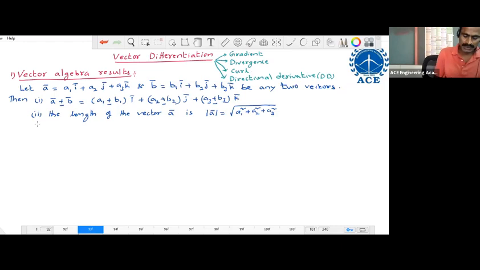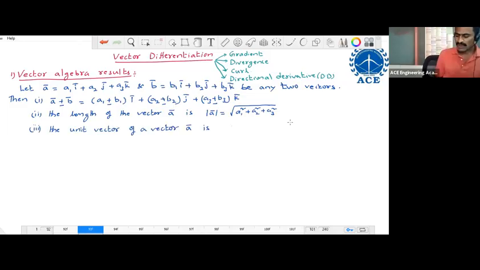Next, third, the unit vector of vector A bar is n bar, or A bar cap, equal to A bar by modulus of A bar.